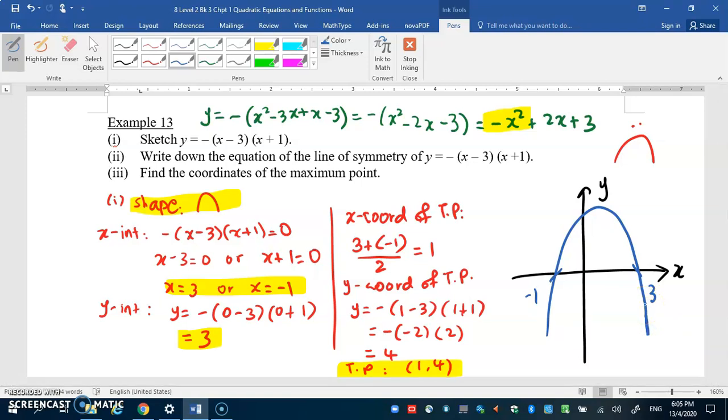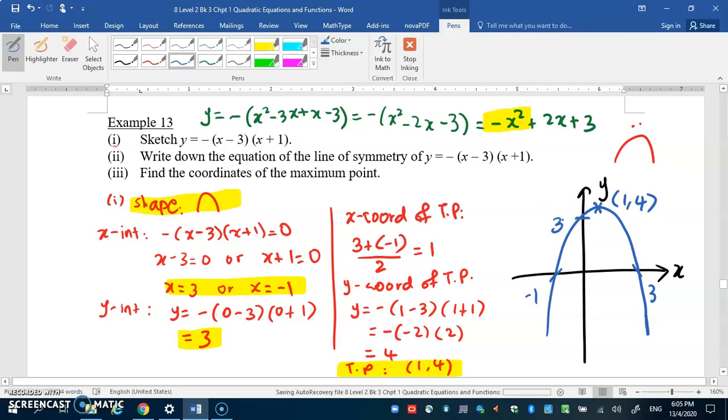So try not to have hairy lines. The turning point over here is (1, 4). Remember to turn at the positive side because x is positive, y is positive. And of course, your y-intercept over here is 3. Okay. So write down the equation of the line of symmetry. We're already going to do that anyway. Equation of the line of symmetry here is x equals to 1.